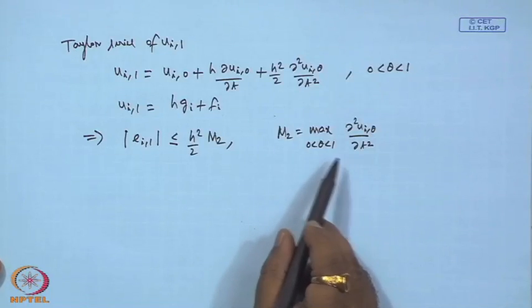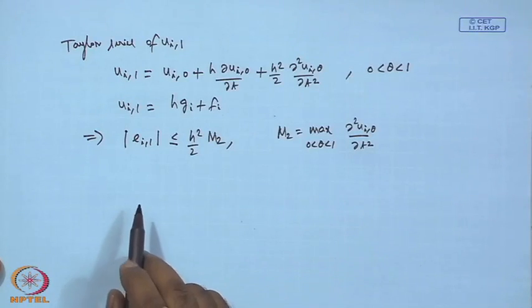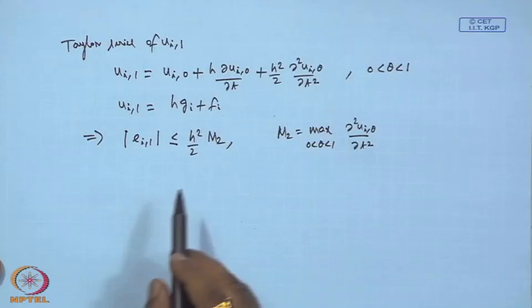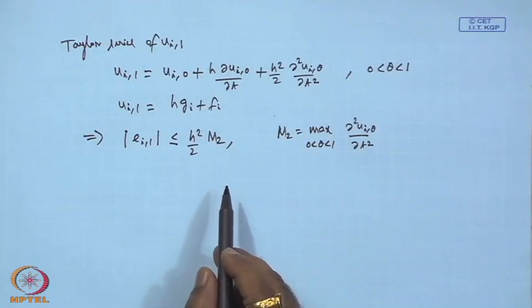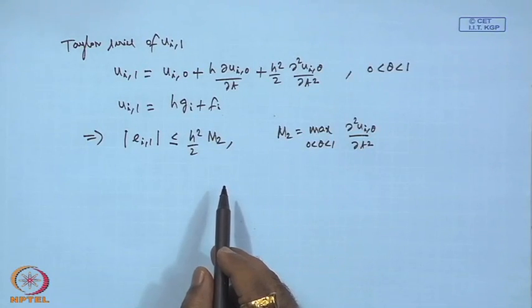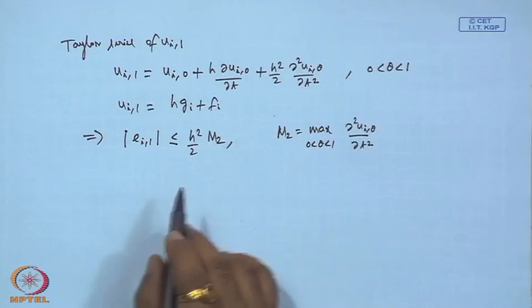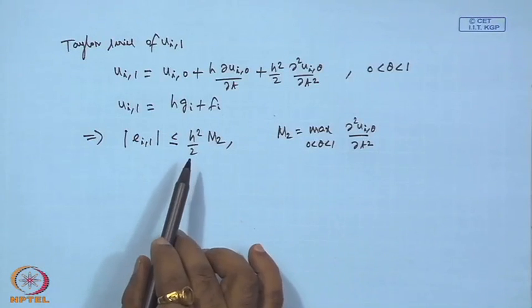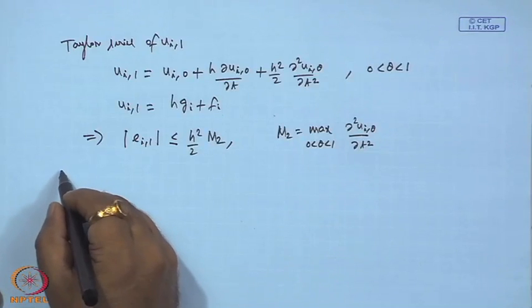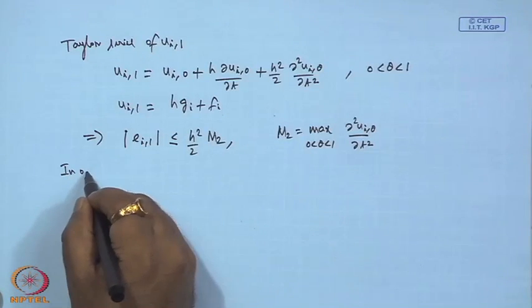So, this is the estimate. Further we can compute how the E I j behaves. So, this is the estimate, okay. This solves the given question.